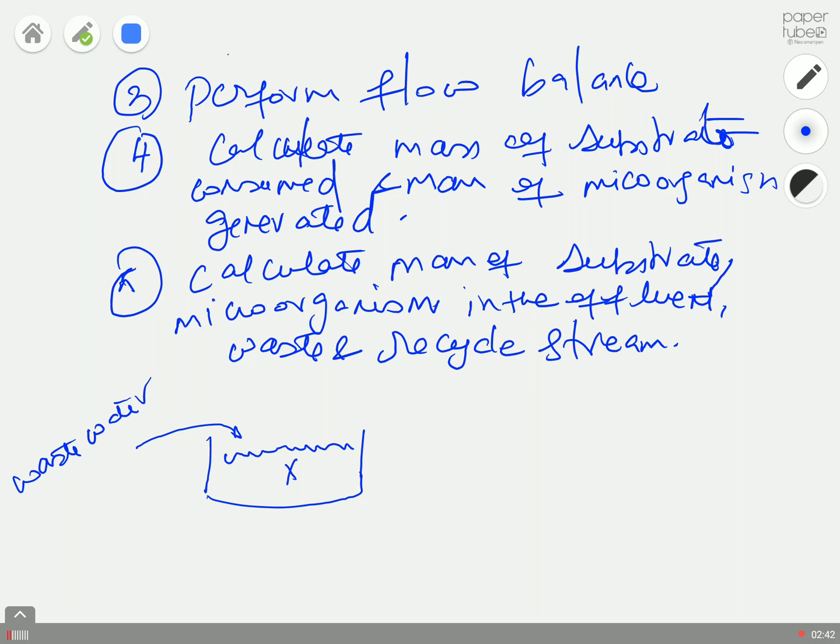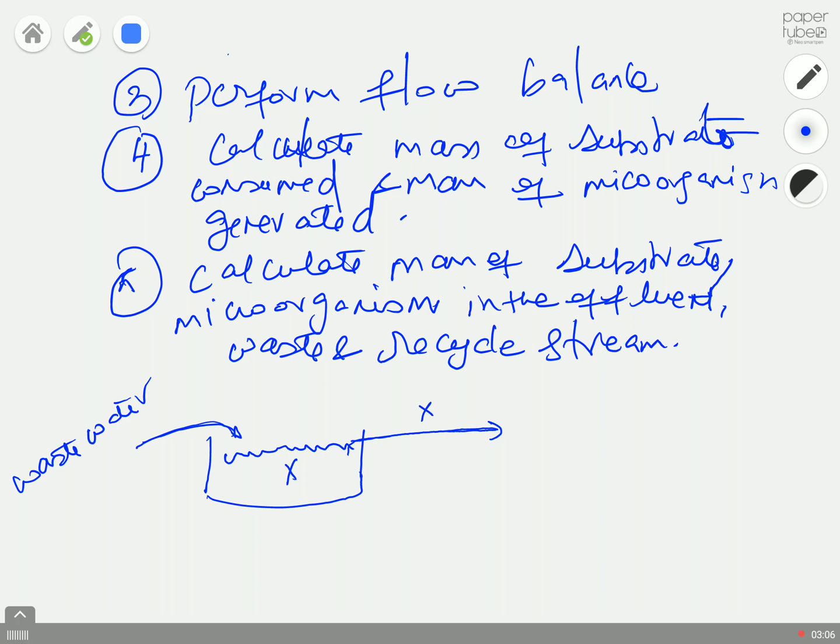They consume your substrate, and then convert it into products that can be easily digested by your live cells, and then they take some of the product outside. So something goes in, something comes out. Whatever comes out contains almost no substrate, but contains a lot of microorganisms.